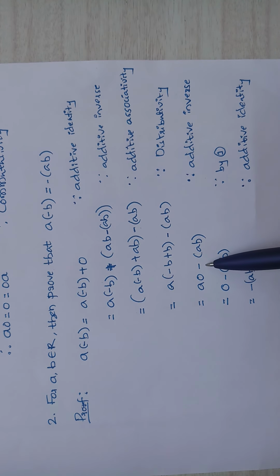So A into 0 minus AB. A into 0 is equal to 0, because by property 1, A into 0 is equal to 0, or 0 into A is equal to 0. Therefore using additive identity we can write this as minus of AB.